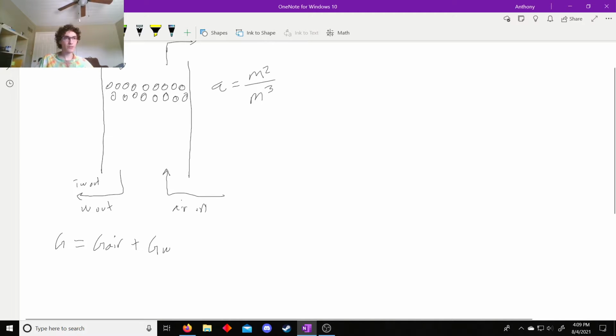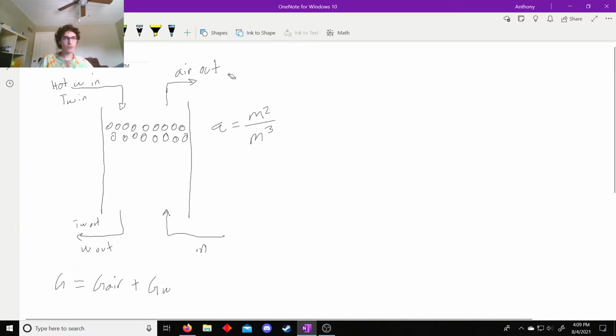So actually, we'll do this just to make it a little bit easier to understand. This will be G in and G out. So gas in, gas out. And again, this is air and the water vapor that is in the air. So this will be TG out and TG in.